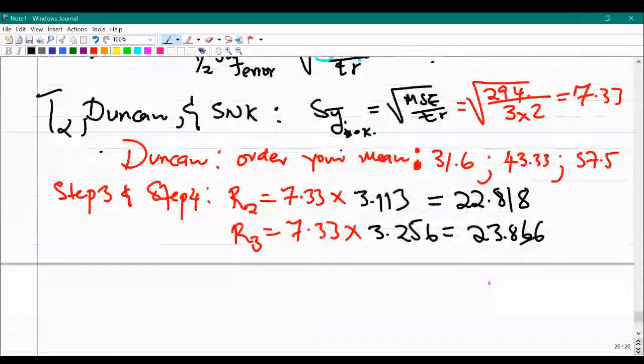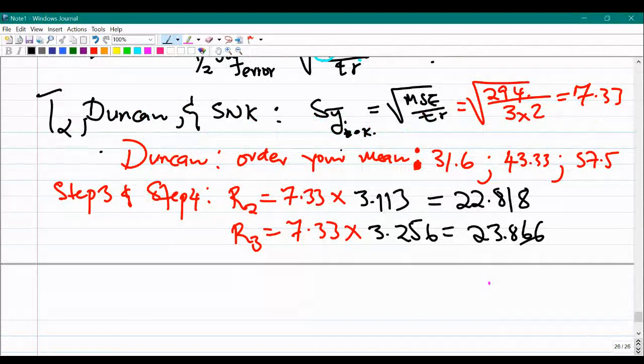No, it's wrong. So we said 7.003. Give me the right value. Yes, it's 7.003.